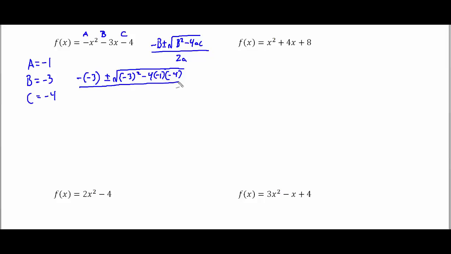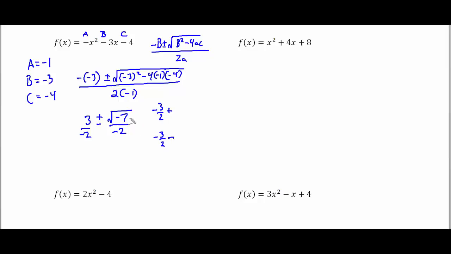All over 2 times a, which is 2 times negative 1. So if I do some simplification, this is going to be 3 plus or minus the square root. By typing all of this in, this gives me negative 7. And this is divided by negative 2, and I split that up because each of these is getting divided by negative 2. Now, to do more simplification, this would be negative 3 halves plus and negative 3 halves minus.